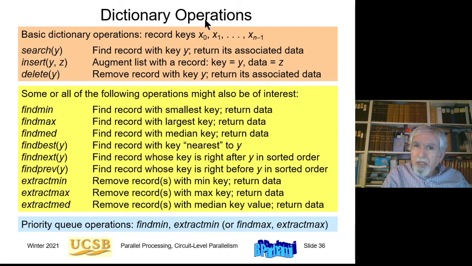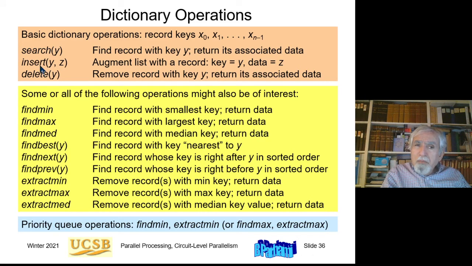Like dictionary lookup is basically a search, okay? So we might search for Y, the key Y, find a record with key Y, return its associated data. So in a dictionary, we look for a word, and then the associated data is the meanings associated with that word.